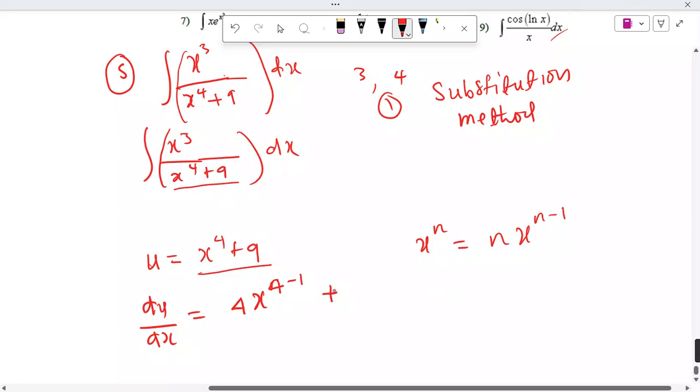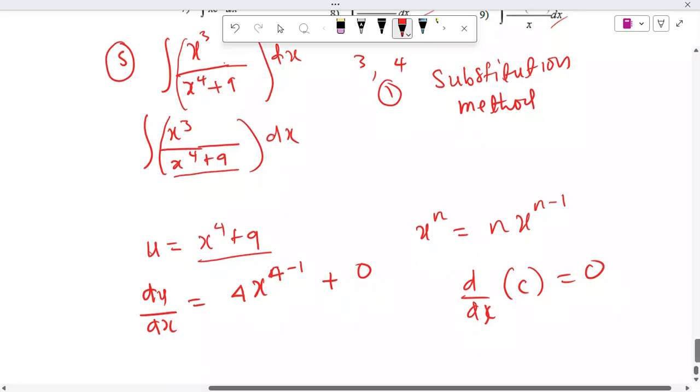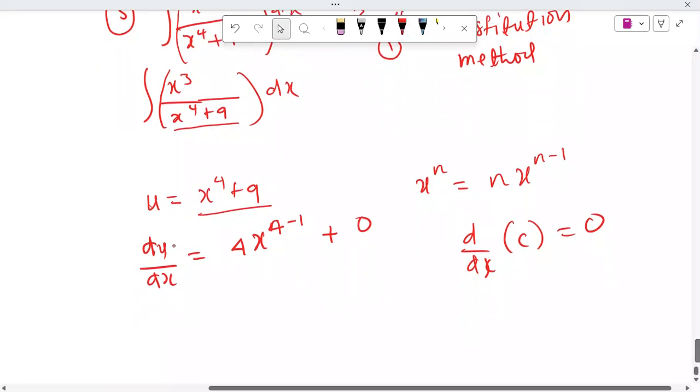Differentiating any constant is 0. The derivative of a constant c is 0, so it will be 0 here. 9, if you differentiate 9, it will be 0. So du dx is equal to 4x, 4 minus 1 will be 3.